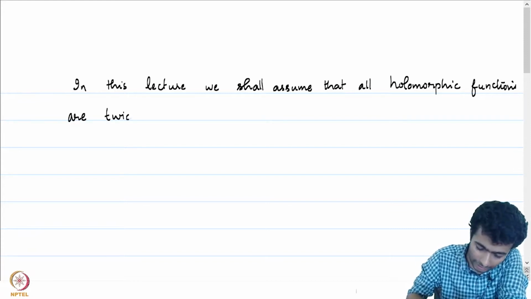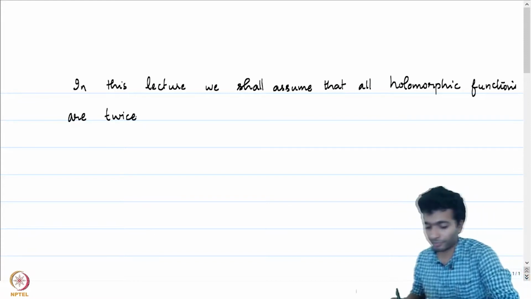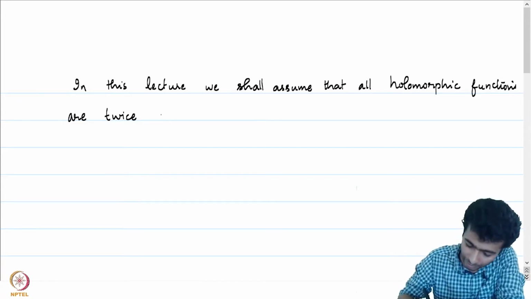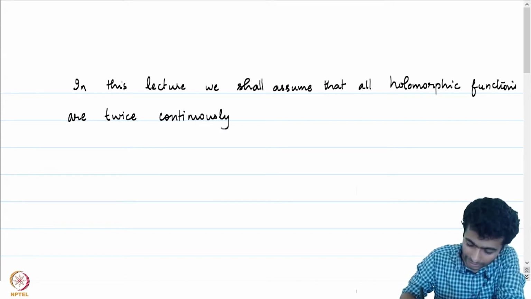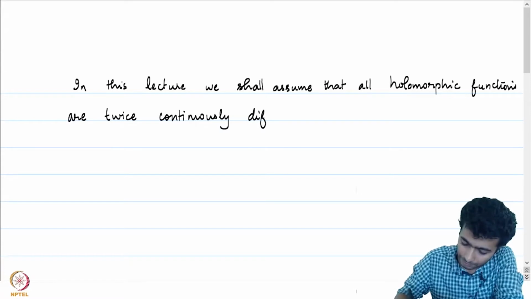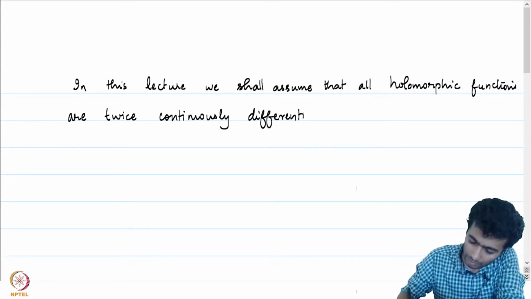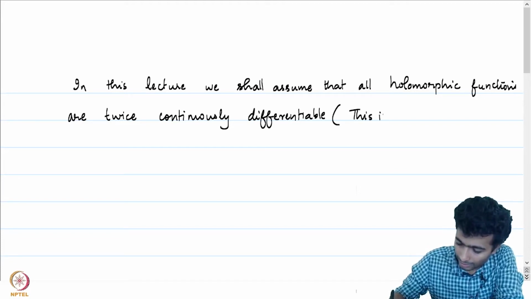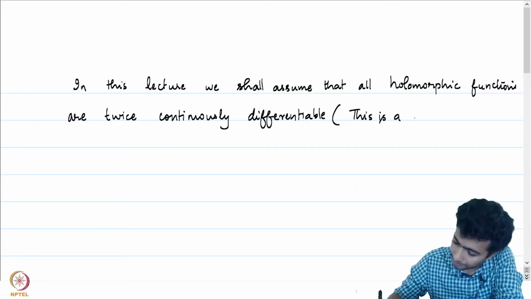I say that it is redundant because holomorphic functions will always satisfy this criterion. We will prove that later. But since we have not proved it yet, let me just put this extra condition.